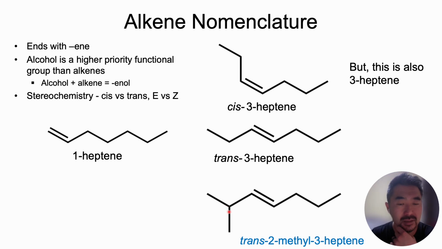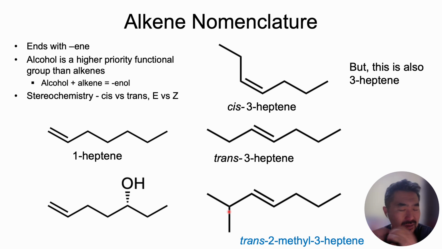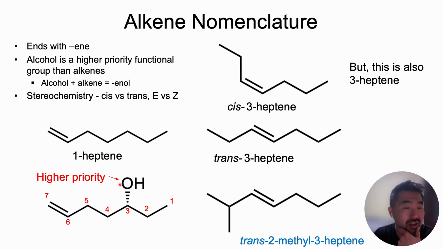Now, what if you had another functional group like an alcohol in there? Let's think about that. Alcohol is a higher priority functional group, so we want to start numbering the chain so that the alcohol location gets as low a number as possible.